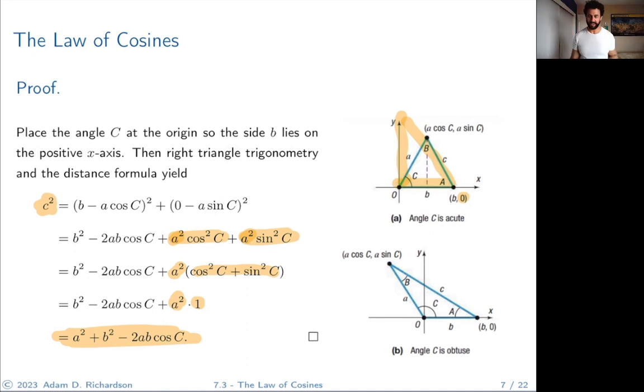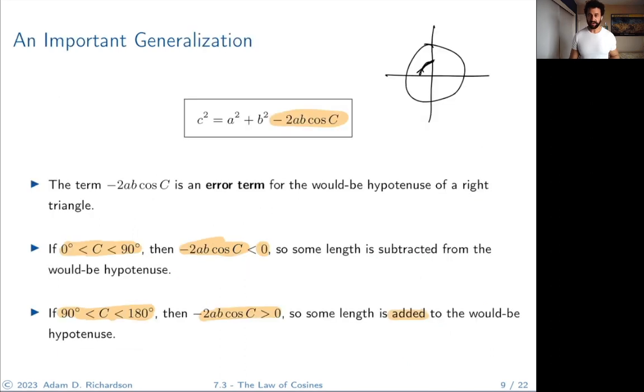There's the would-be hypotenuse, but if that angle is greater than 90 degrees, then you end up adding some length, which is pretty cool. So, law of cosines, that's just a generalization of the Pythagorean theorem. You're just going to add or subtract a little bit.